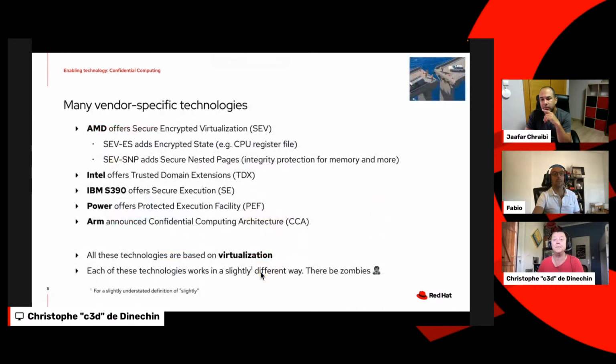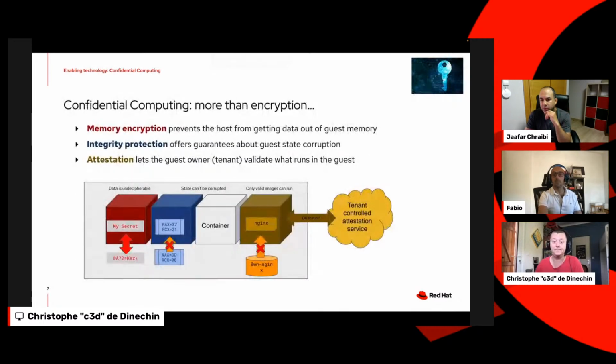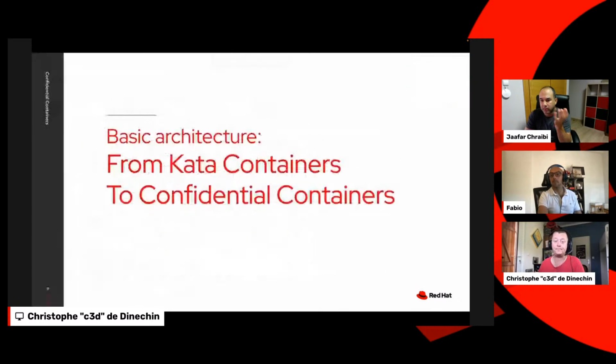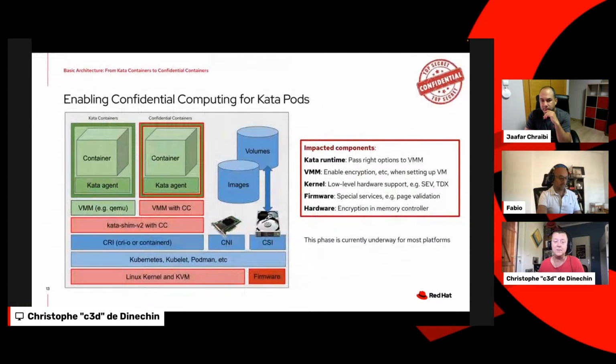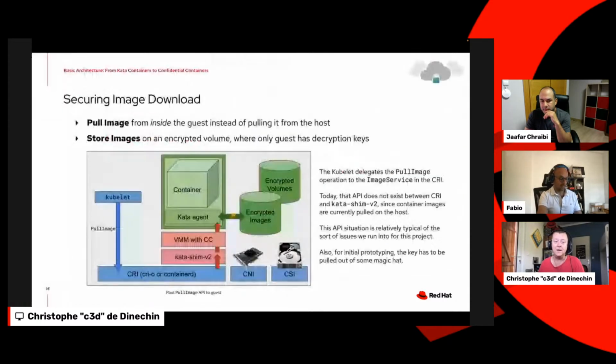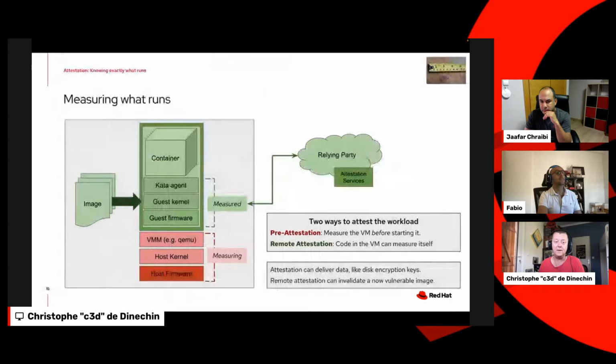Sorry, regarding the attestation, what is it going to check? Like, does it check the YAML resources to verify that? No, it's really measuring what you're booting. Let me see. That's here. So essentially, you're measuring that you know on which host you're running and that you know the stack here.